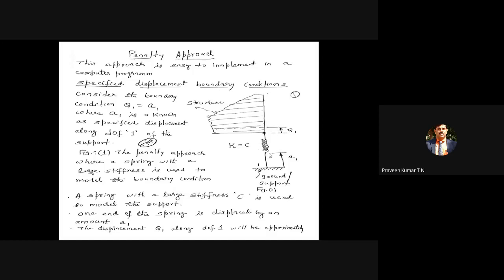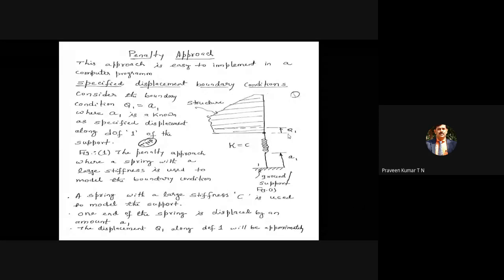If the spring stiffness is very, very high, then A1 is equal to Q1. That is infinite spring stiffness. But in terms of practicality, we cannot have any material with infinite stiffness. Infinite stiffness means that if we apply 1000 tons of load to the spring, there is no deformation.